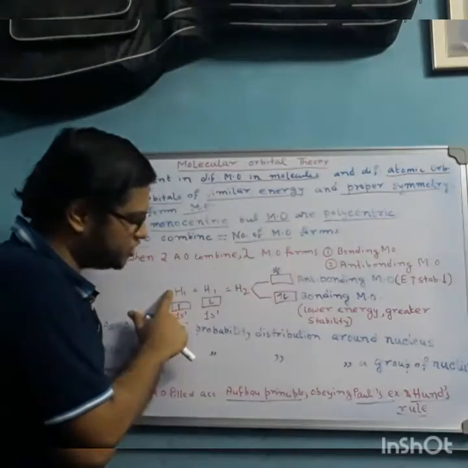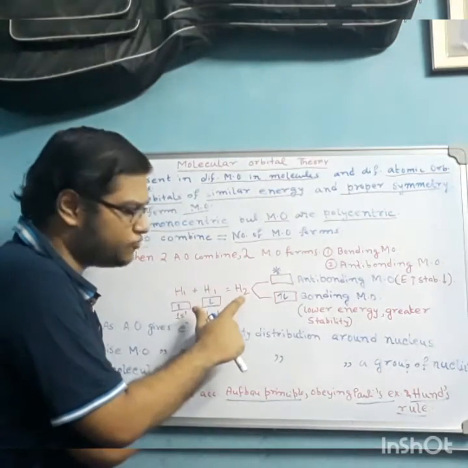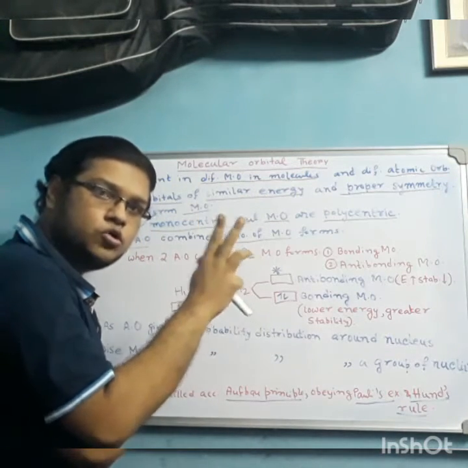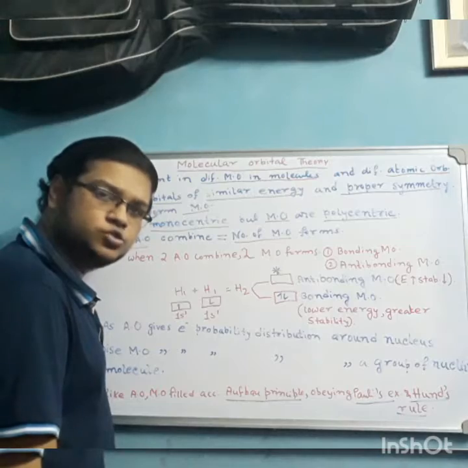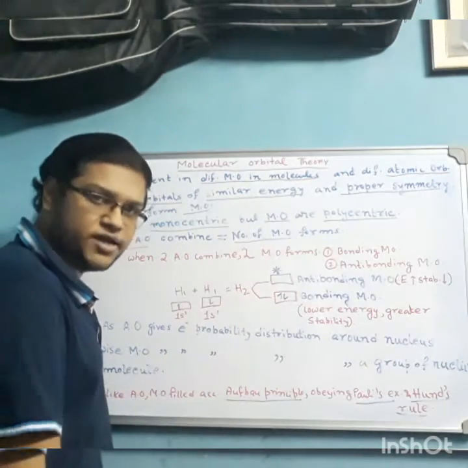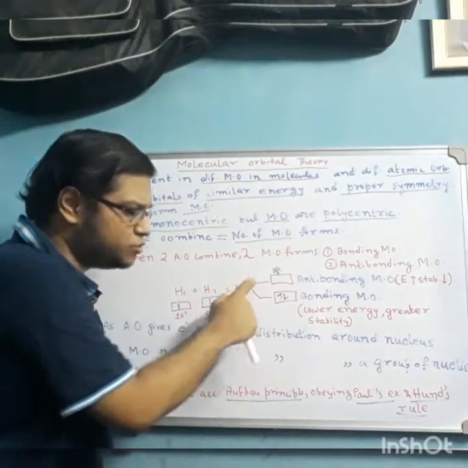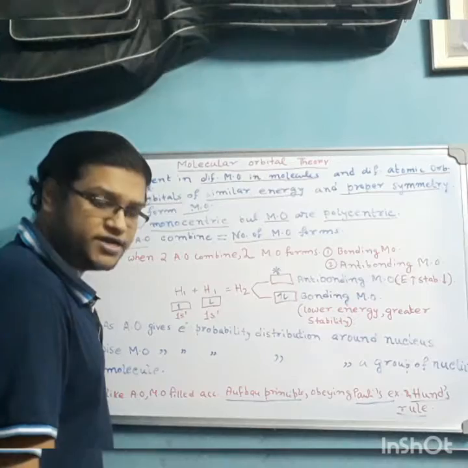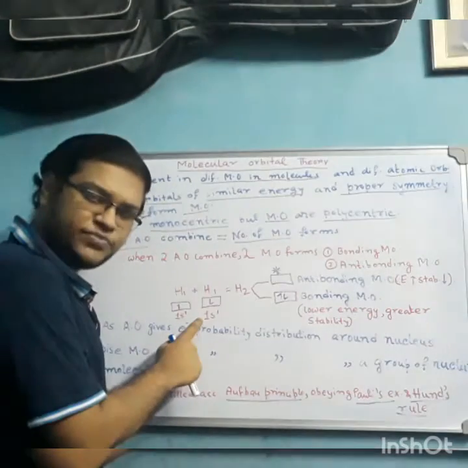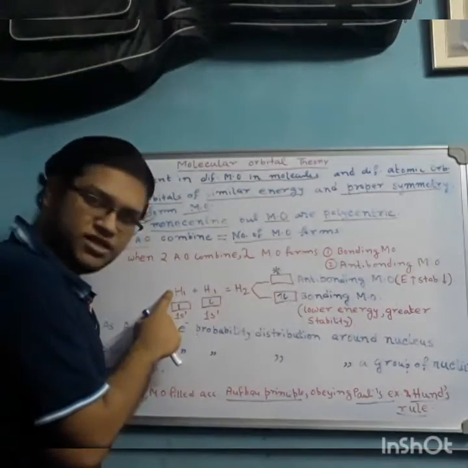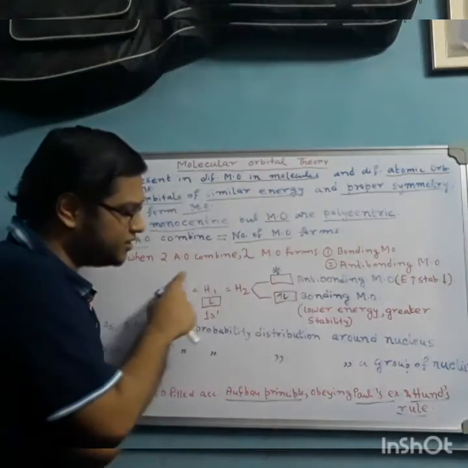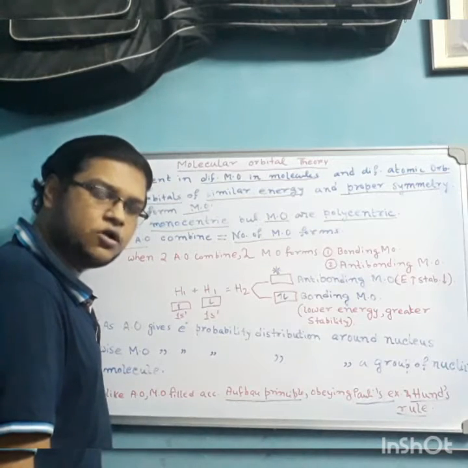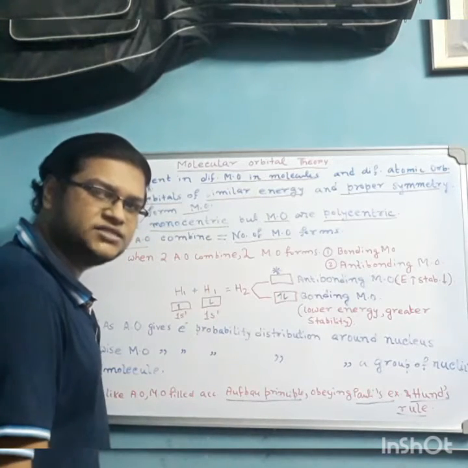That means one hydrogen atom and another hydrogen atom combine to form a hydrogen molecule, and this hydrogen molecule should have two orbitals, and those orbitals will be known as molecular orbitals, because the orbitals are present within the hydrogen molecule. These were atomic orbitals, as they were present within the hydrogen atom, and when they combine they form molecular orbitals.